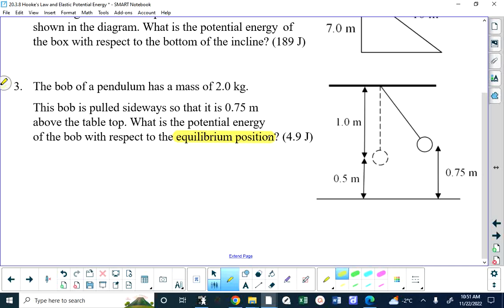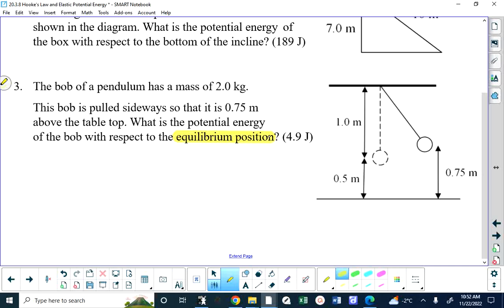So if this is the equilibrium position, and I'm just going to say that that is at the tip of my nose if I'm hunched over a little bit, and I hang this on and let it come to rest, then if we talk about the displacement of this mass, it's the distance from here to the equilibrium position. So equilibrium position can take on a number of different meanings. And we're going to revisit this phrase in the next unit.